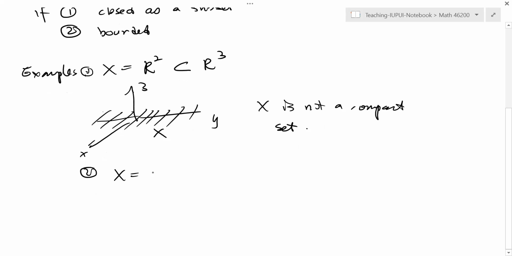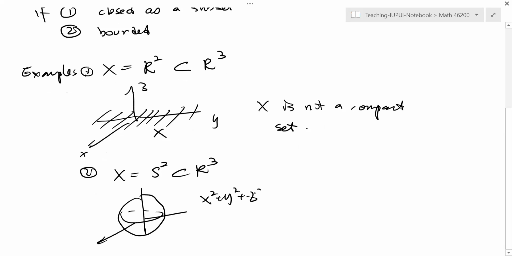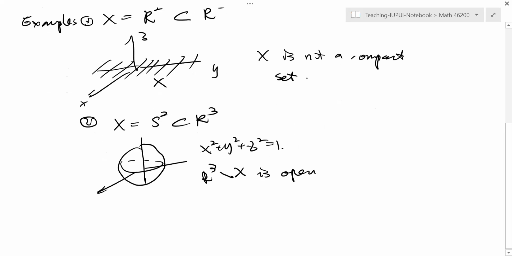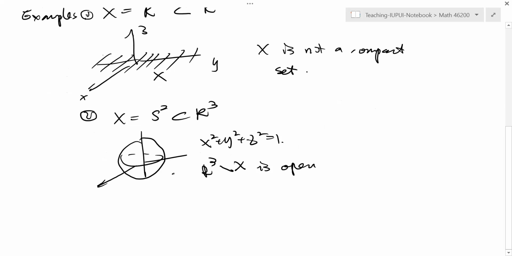Another example is a sphere, defined by the equation x squared plus y squared plus z squared equals 1. This one as a subset is compact. That means R3 minus X is open as a subset. Open means that for every point here, you can always find a small neighborhood contained in this set. It's obvious from the picture: as long as this point is not on the sphere, you can always draw a small ball.